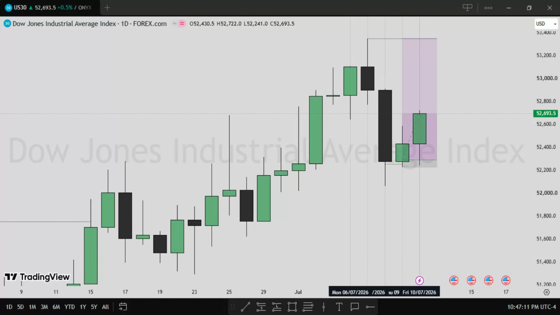When you understand what is driving the market, you stop trading blindly and start making more informed decisions. And always remember, the chart shows what the market is doing, while the news and economic environment explain why it is doing it. So when you combine both, you become a more complete trader.